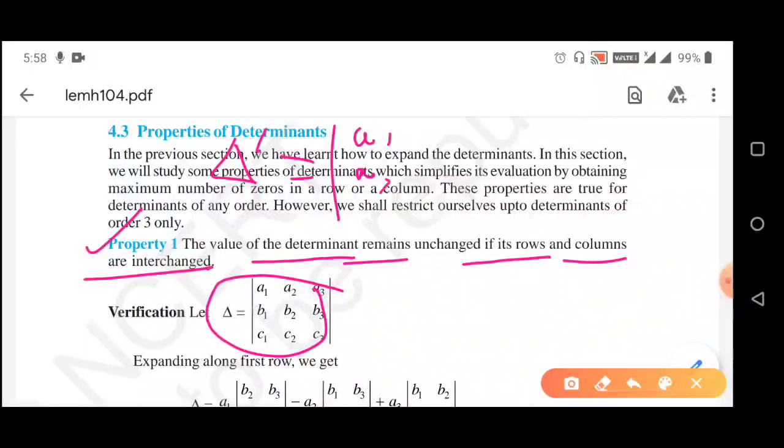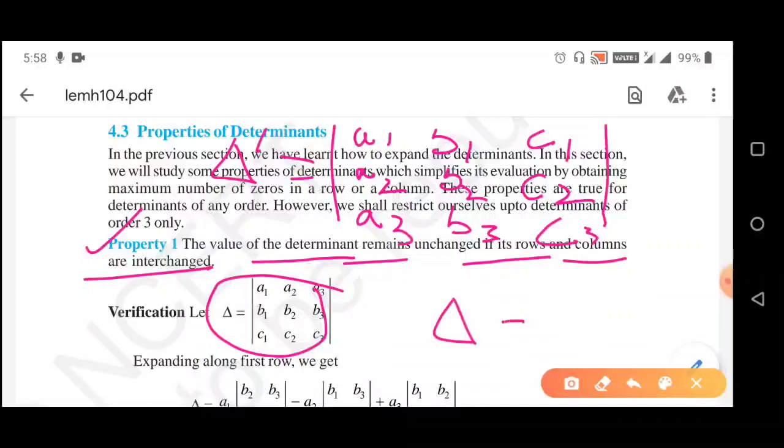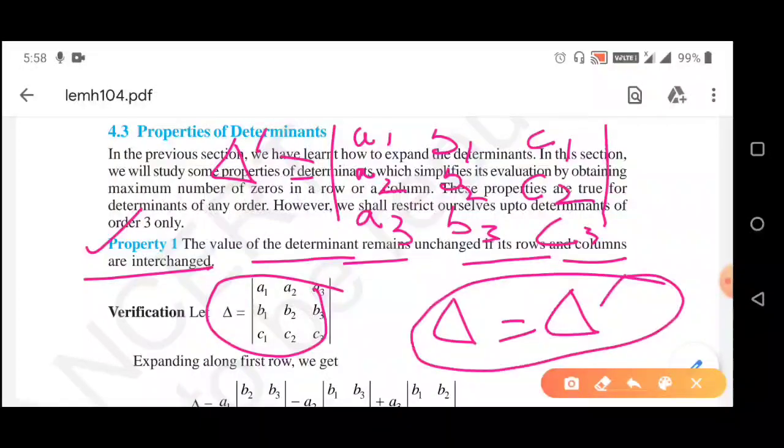So all the rows will become columns and all the columns will become rows, and the third row will become the third column. Then the value of these two will be equal. So the value of the determinant remains unchanged if its rows and columns are interchanged.